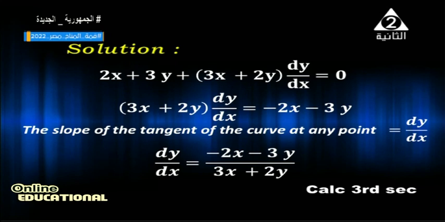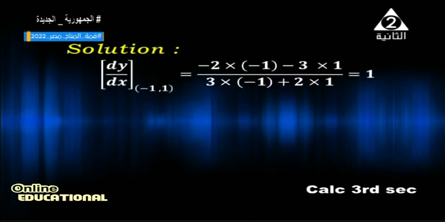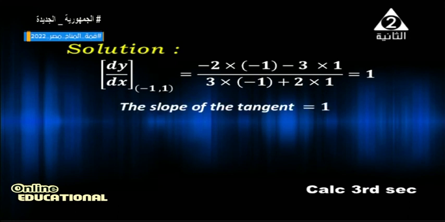Now, dy/dx at the given point (-1, 1) equals (-2 times -1 minus 3 times 1) over (3 times -1 plus 2 times 1). Then the slope of the tangent equals 1.